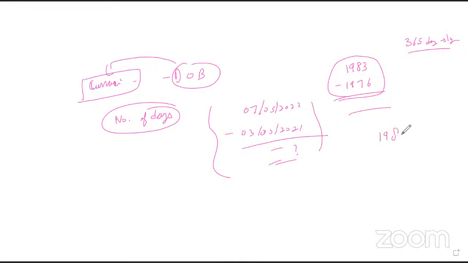Sir, 1983 minus 1976 can be 7. It doesn't make any meaningful operation. Sir, it tells age, na? We can add any numerical value to a year, sir. In 2000, if we add 10, it becomes 2010. No, it's not like that.